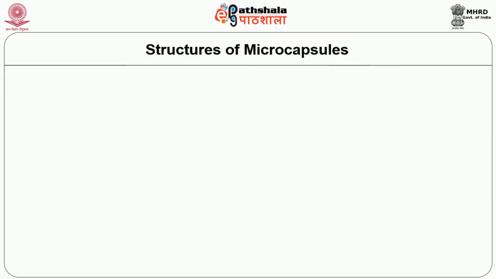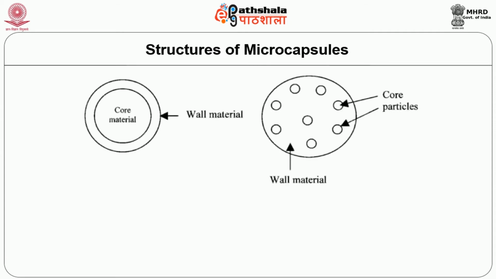Looking at the structure of microcapsules, most of these are small spheres with diameters ranging between a few micrometers and a few millimeters. However, many of these microcapsules bear little resemblance to these simple spheres. In fact, both the size and the shape of formed microparticles depend on materials and methods used to prepare them.